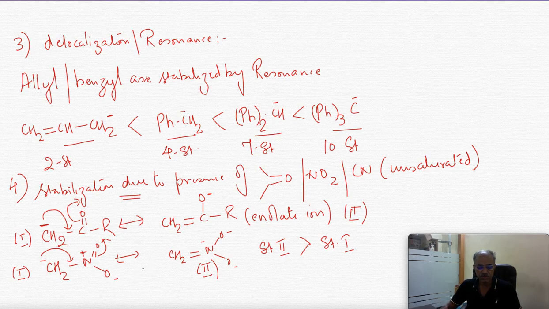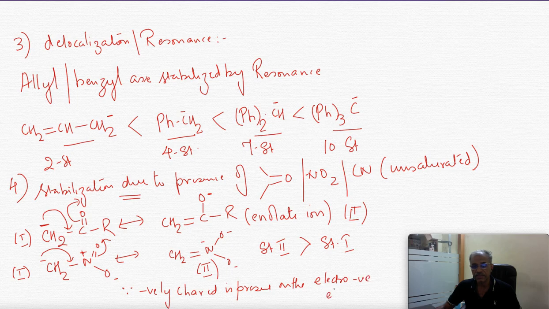Why is structure 2 more stable? Because the negative charge is present on an electronegative element.